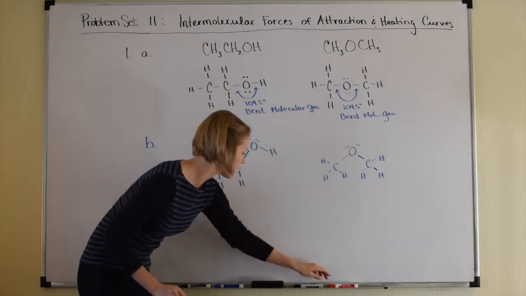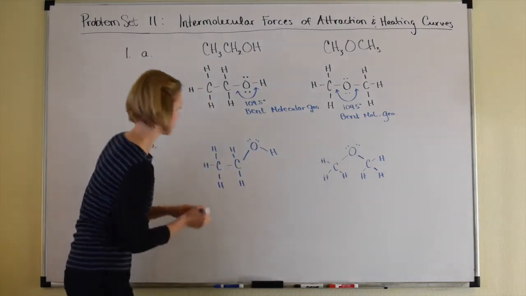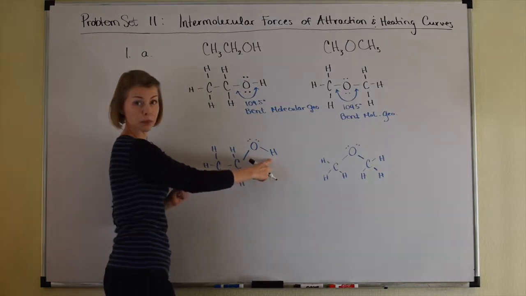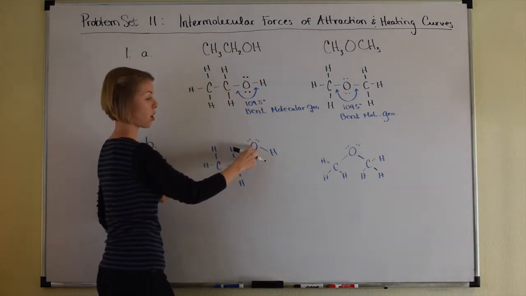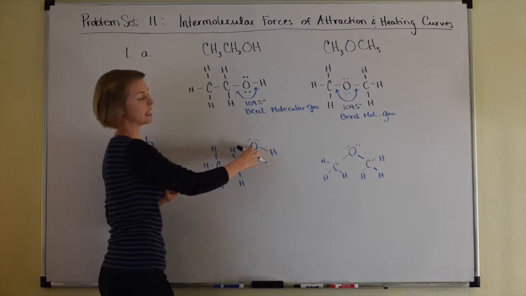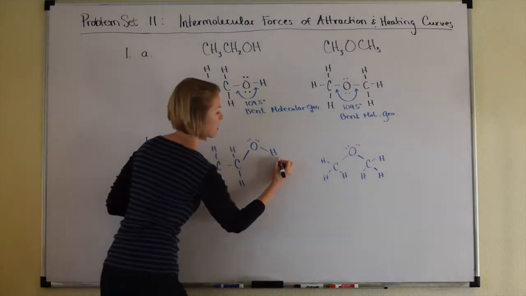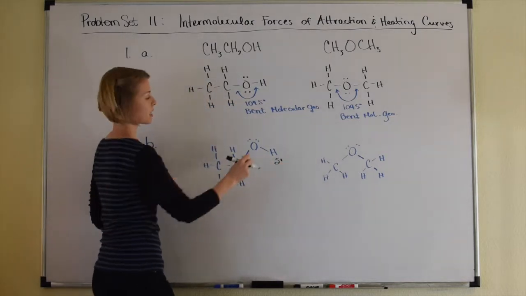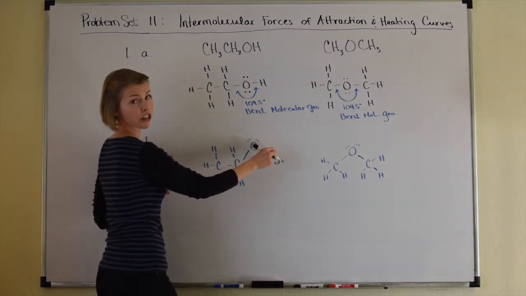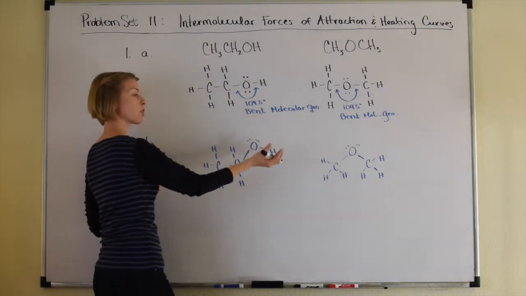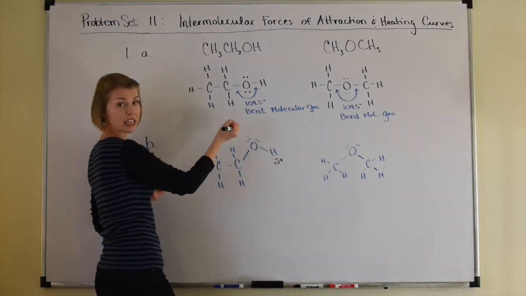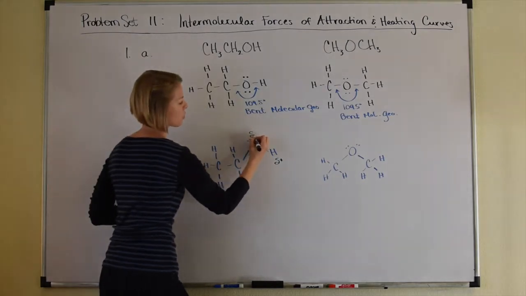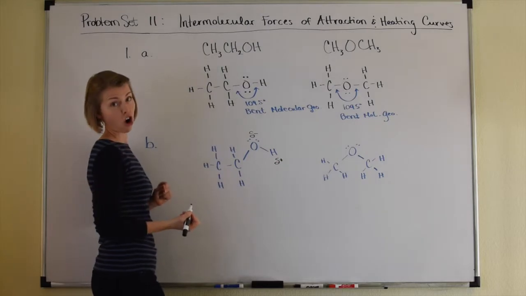And so we can see here, and I'll go to the black pen, that we have a hydrogen atom covalently bound to either oxygen, nitrogen, or fluorine. In this case, it is an oxygen. So that means that this hydrogen will be very partial positively charged, because the electron density being shared in this bond is going to be more strongly attracted toward the electronegative oxygen atom, which means that our oxygen is strongly partial negative in charge.